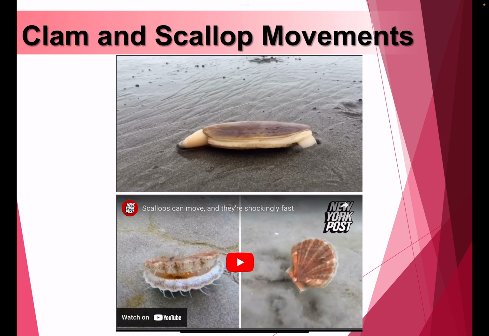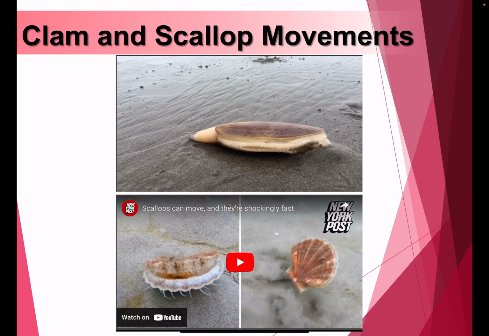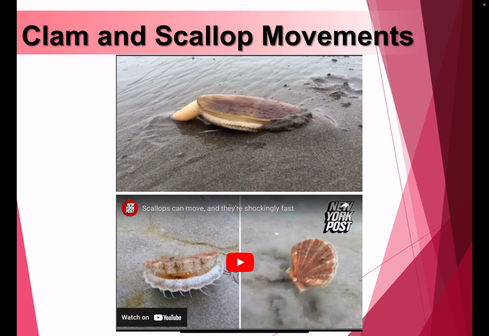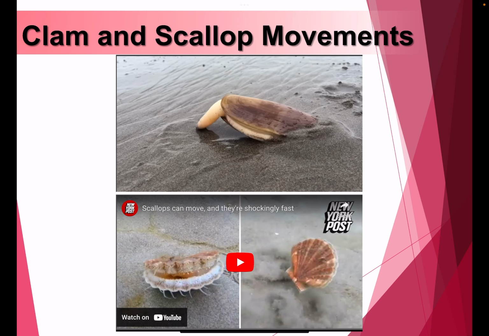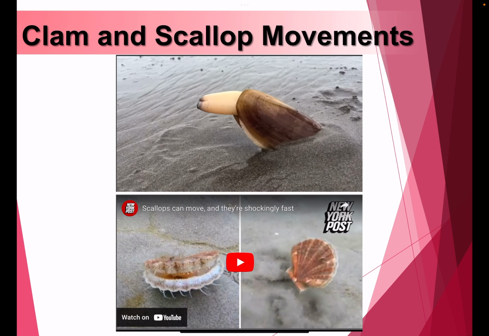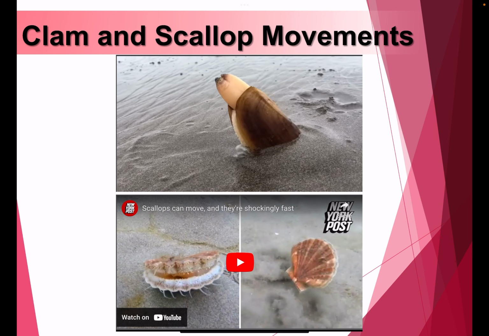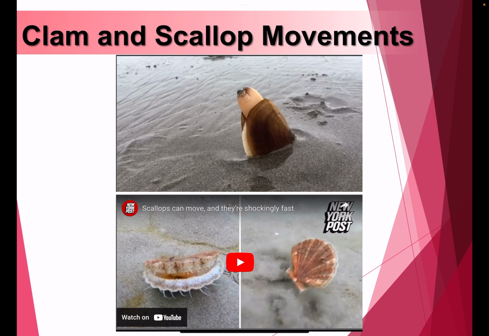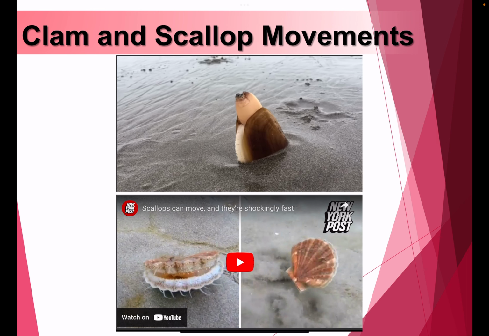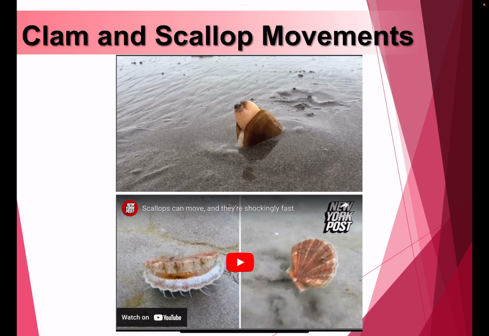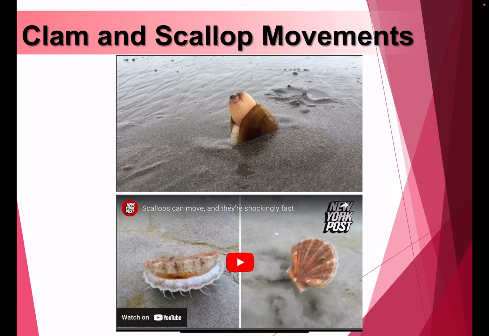So that foot comes out, digging and digging its way, and it eventually goes into the mud or the sand with these repeated movements. I thought that was pretty cool. You don't tend to think of clams as moving creatures, and I've never seen that live, in real life before.